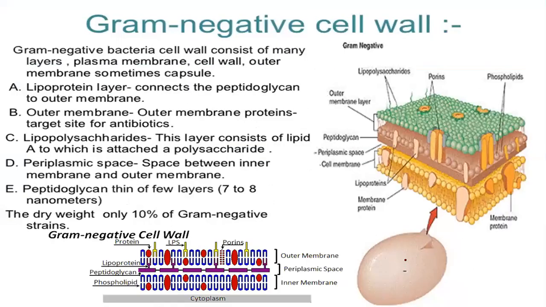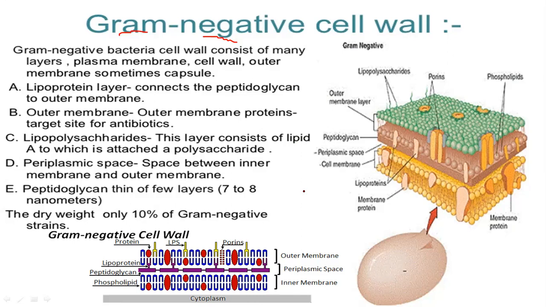So let's talk about both of them one by one. Gram negative. Negative means does not. So what does it mean? First we'll talk about its structure, then we'll say why it is said to be gram negative and gram positive.